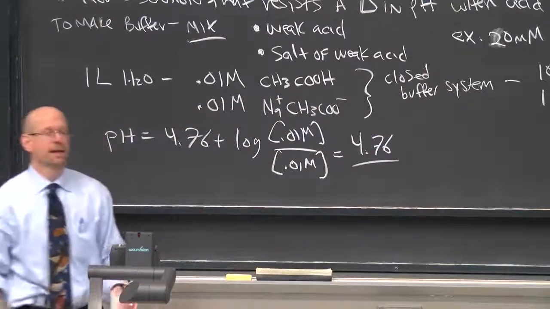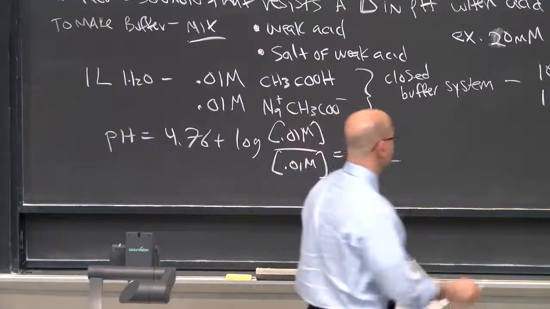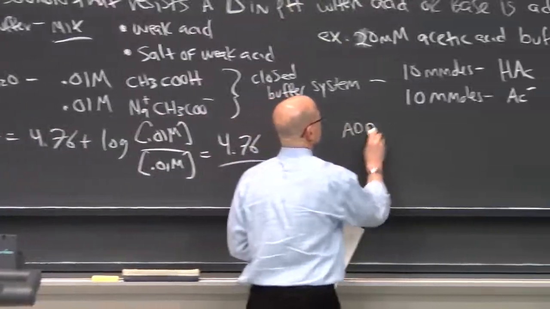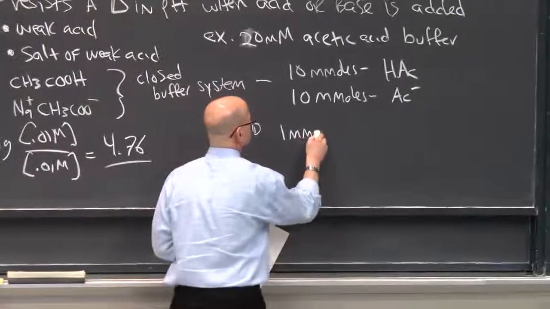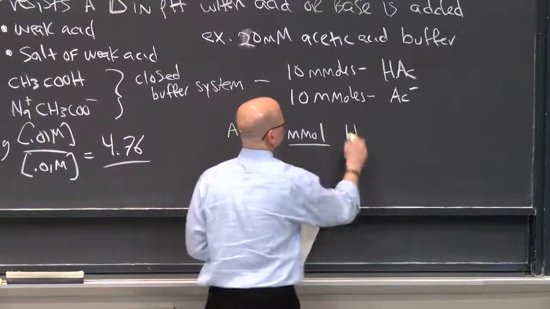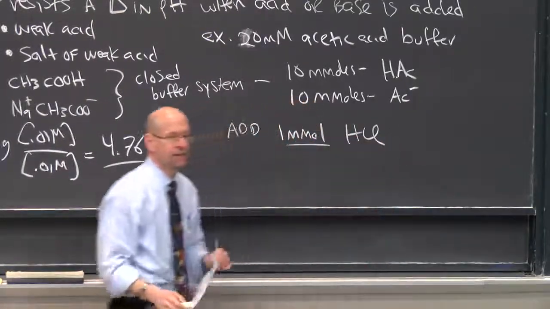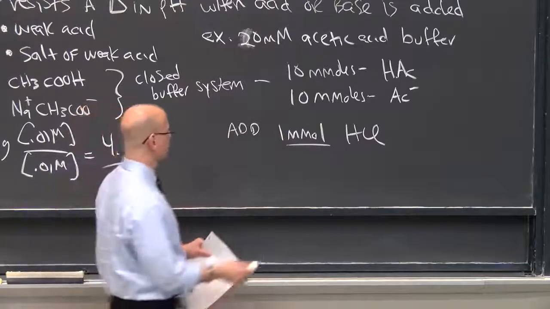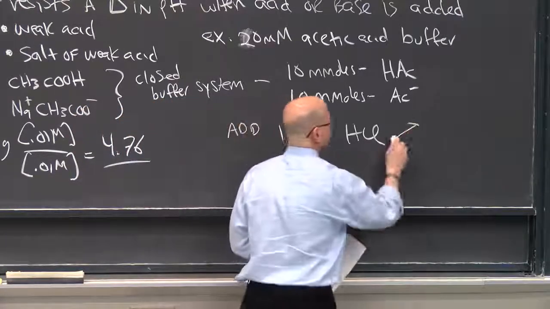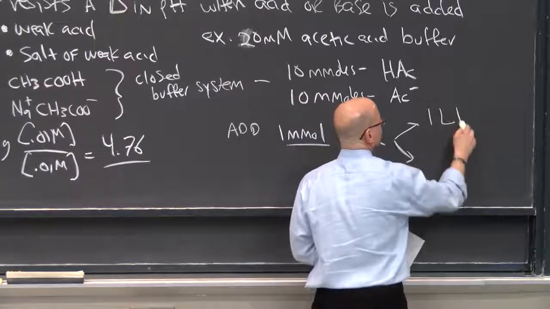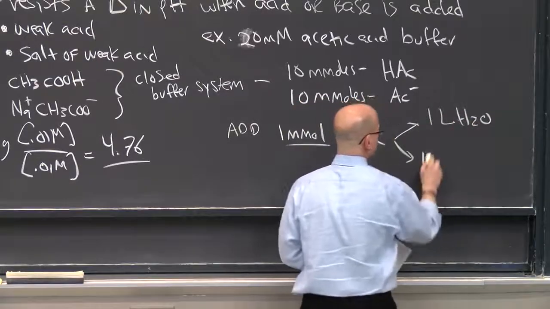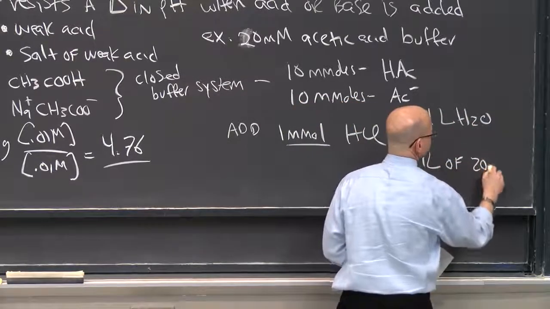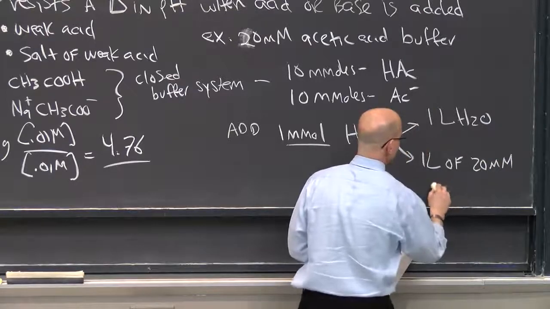Now, let's do an experiment. Let's add 1 millimole of hydrochloric acid, a strong acid, to this solution. And we're going to try two things. We're going to add it to either 1 liter of pure water or 1 liter of our 20 millimolar acetate buffer.